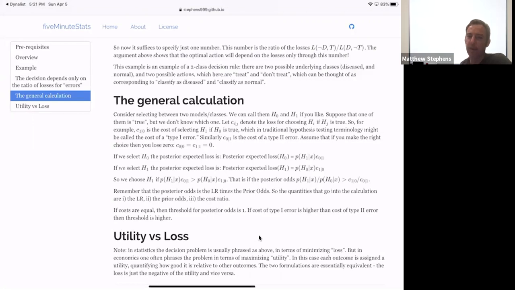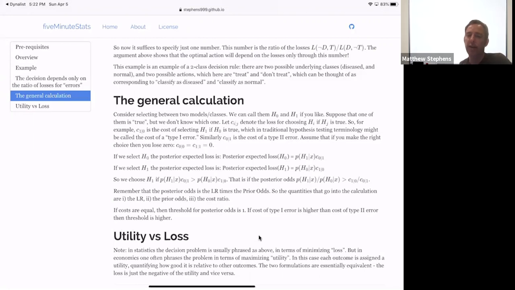This is phrasing everything in the language of statistics that is often used for hypothesis testing. Basically, the idea is that you could make 2 types of mistake. You could choose H1 when H0 is true, or you could choose H0 when H1 is true. There's not always an actual null and an alternative. It's sometimes helpful to think about these things without specifying one thing as a null and one thing as an alternative, like in the disease case, or maybe even better, the savanna elephant versus forest elephant. Neither of those is a null hypothesis, but in some settings there is a null.